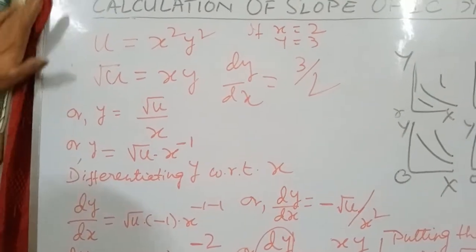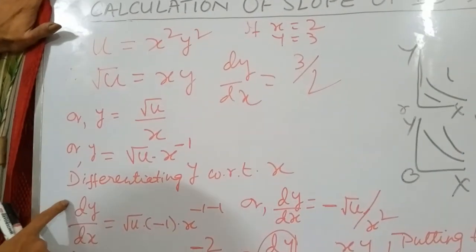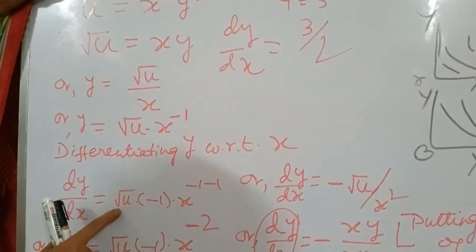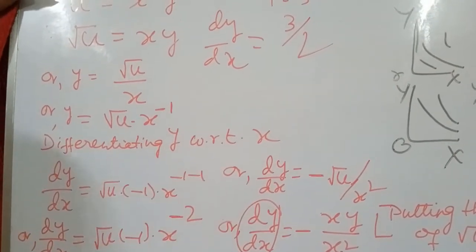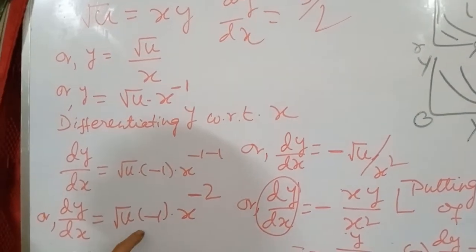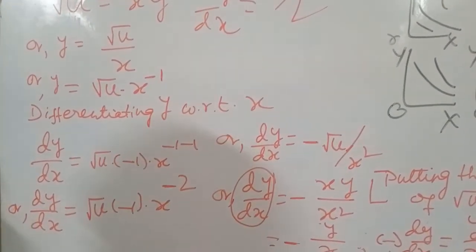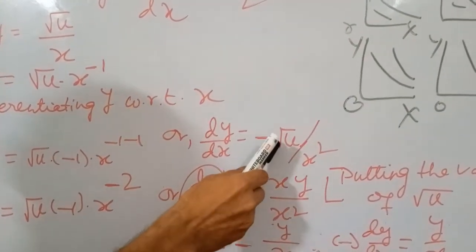Now we differentiate y with respect to x. Dy dx equals root over u into minus 1 into x to the power minus 1 minus 1, that is equal to root over u into minus 1 into x to the power minus 2. So dy dx becomes minus root over u by x square.